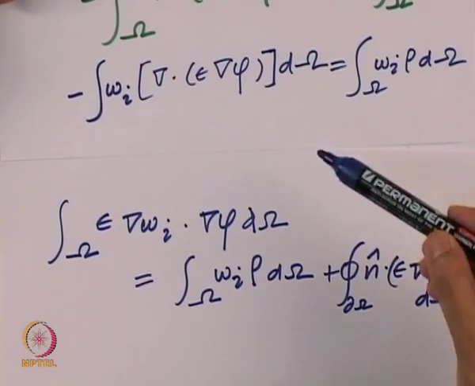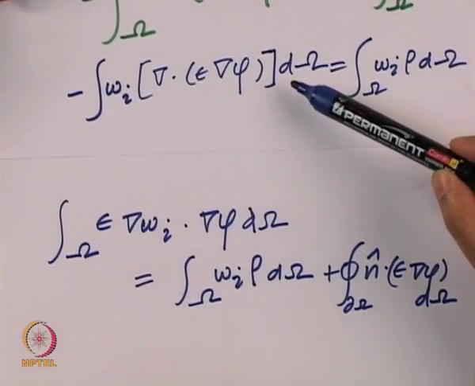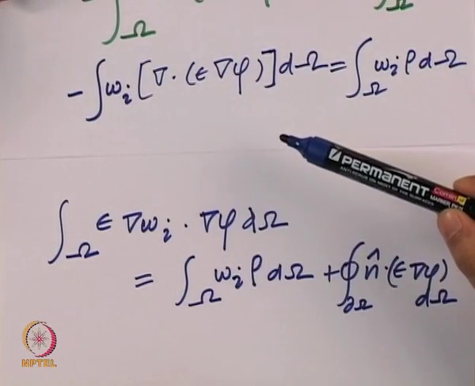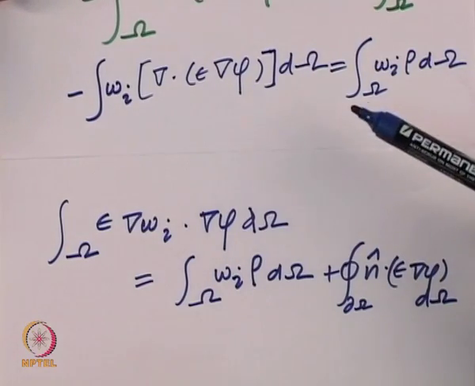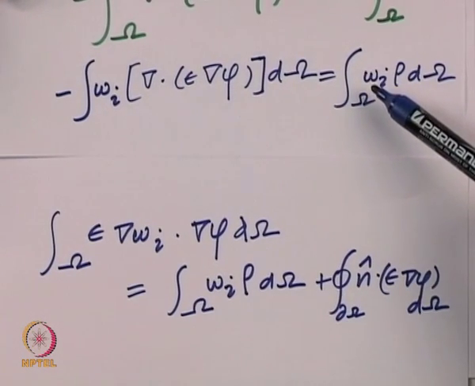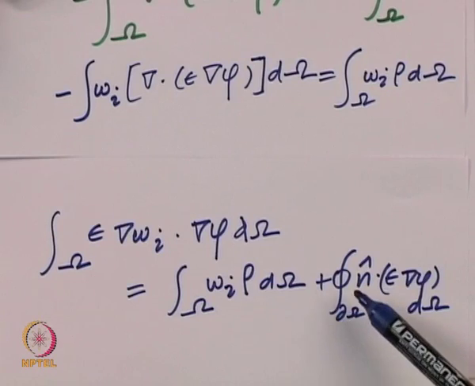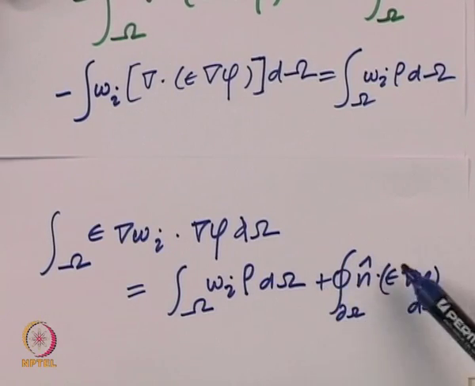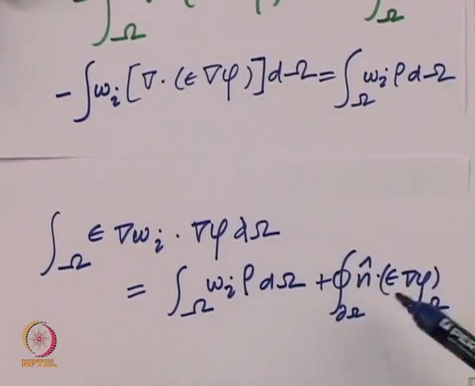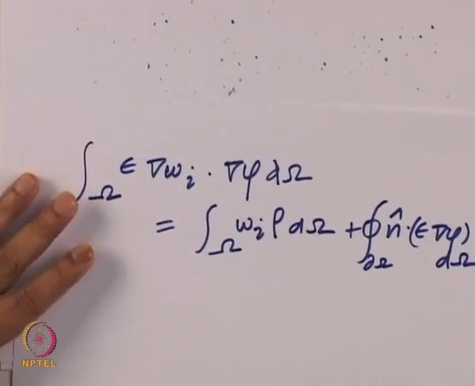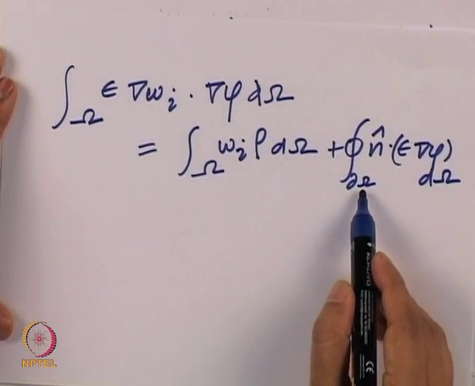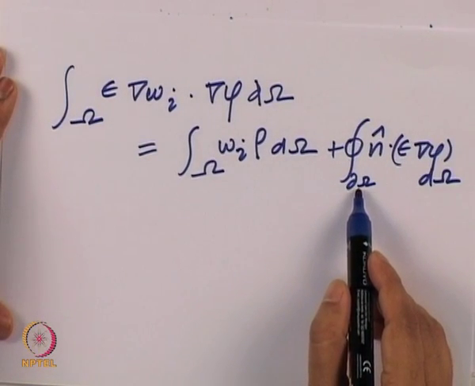We have applied the vector identity to transform this, and we have used the Gauss's theorem to get to the point where the right hand side integral will be represented as the surface integral or the closed boundary integral for that particular equation.